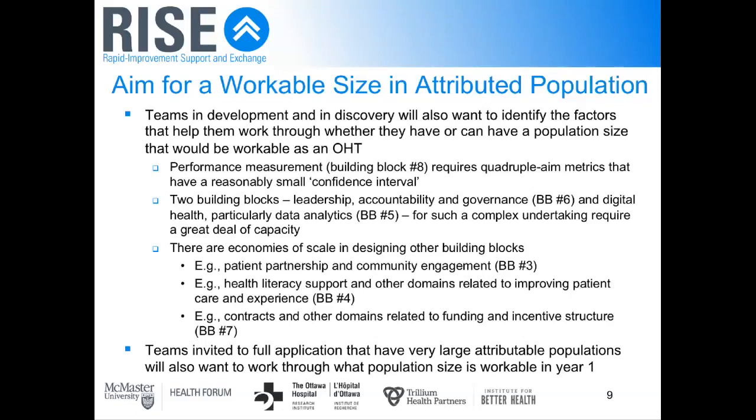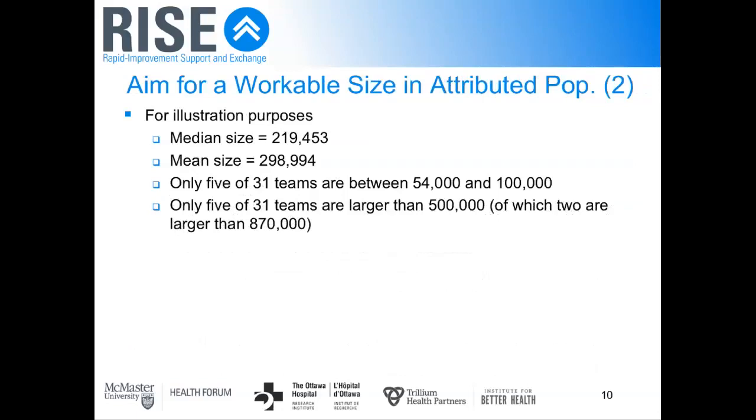If I jump to the next slide, these are just for illustration purposes. Again, there is no guidance about what the optimal size is, but when we look at the distribution of the size of the attributed populations for the 31 teams invited to full application, if we put them in order from smallest to biggest, the middle one has a size of 219,000 people.